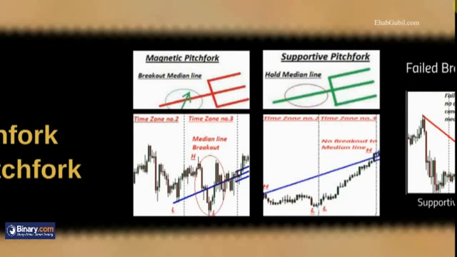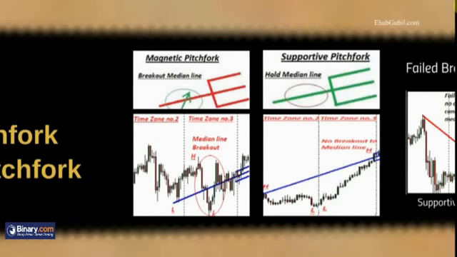What makes the difference between magnetic PF and supportive PF is that the median line of the magnetic PF has a breakout by price action, occurring always in time zone number 3. And vice versa for the supportive PF, which has held the median line in time zone number 3 and has no breakout by price action.